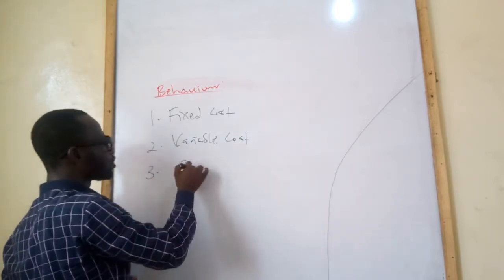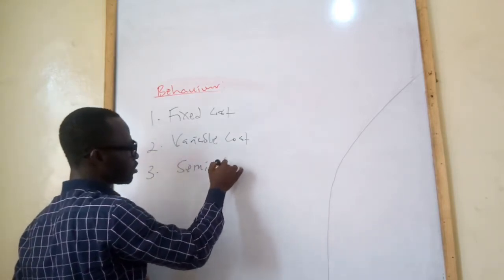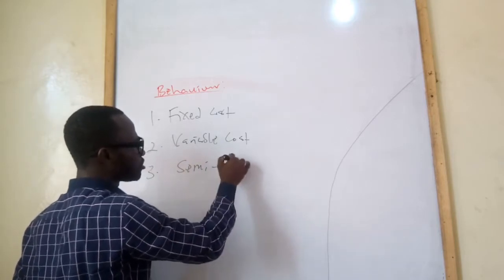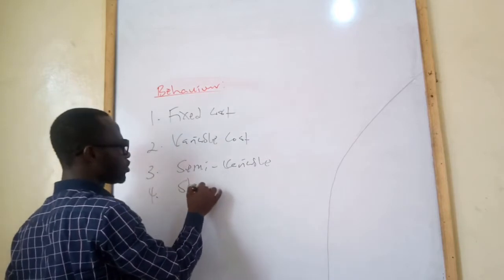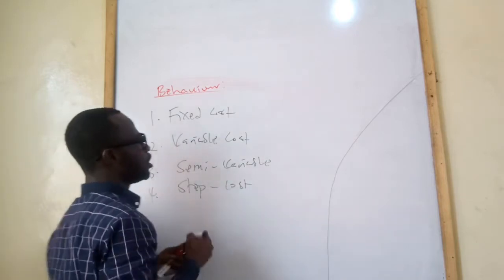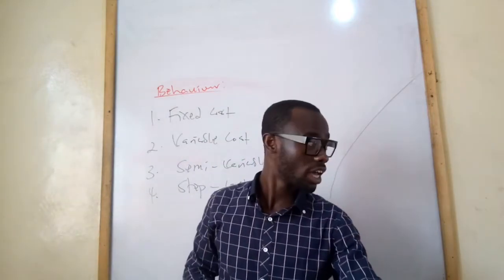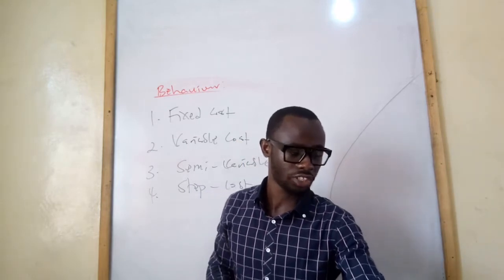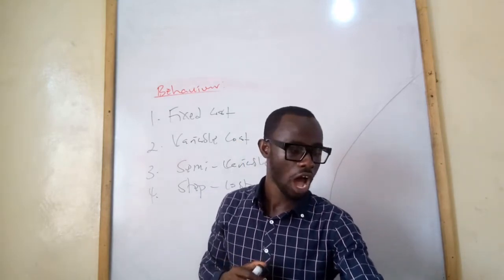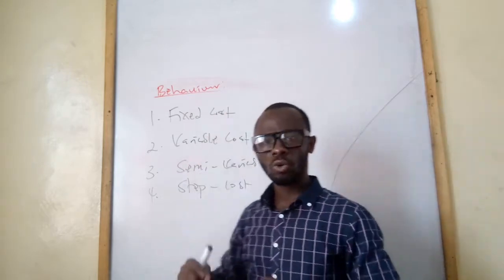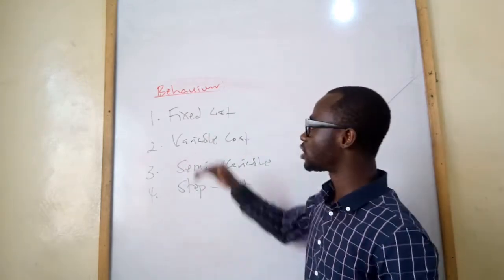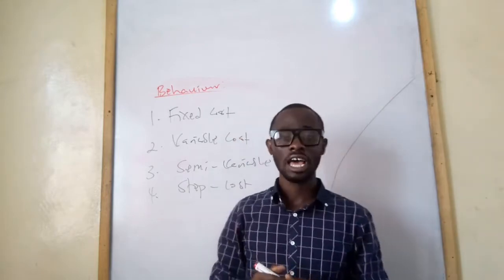We're going to have what we call variable cost. We're going to have what we call semi-fixed cost or semi-variable cost. And we're going to even have what we call step cost. So these are the ways in which we classify cost according to behavior.